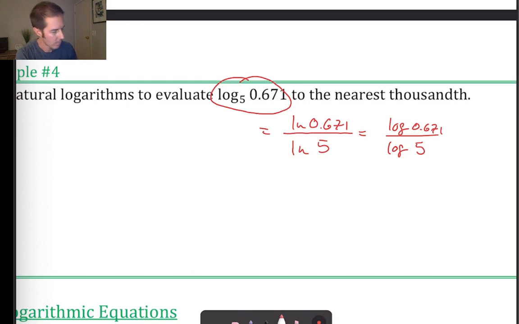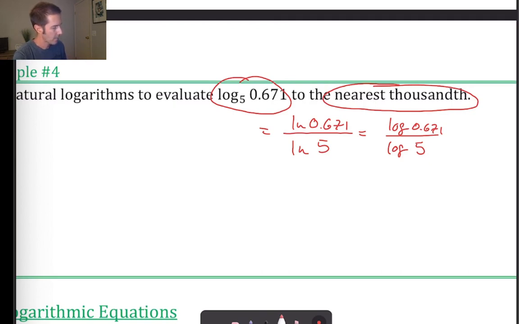And we are being asked to give our answer to the nearest thousandth. So I've already shown you how to plug these into your respective calculators. I'm just going to type it into my graphing calculator. I've got the natural log of 0.671 divided by the natural log of 5.